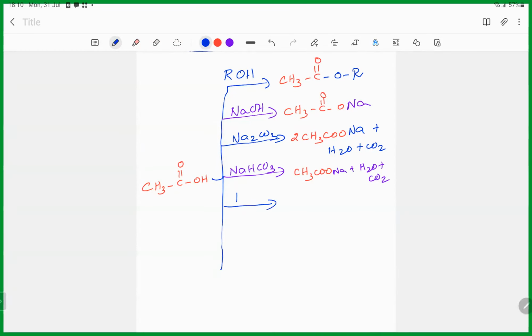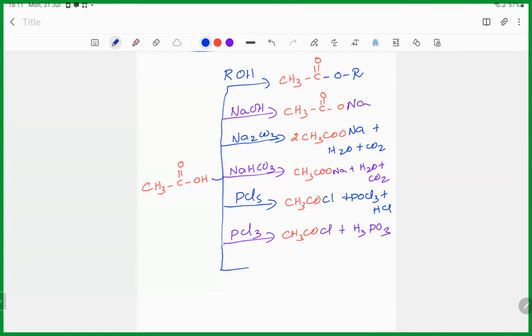Then with PCl5, CH3COCl plus POCl3 plus HCl. Next, PCl3 gives CH3COCl plus H3PO3.